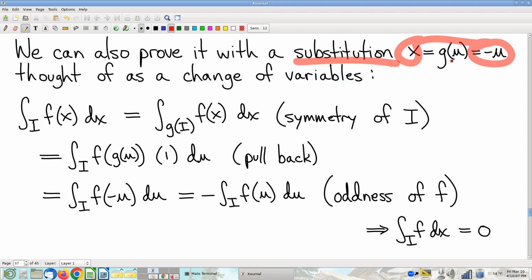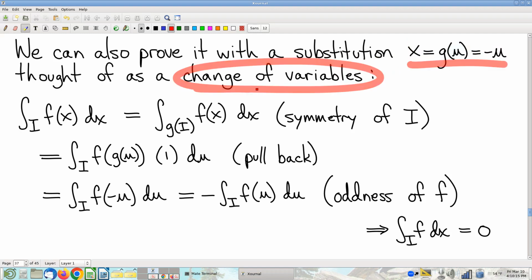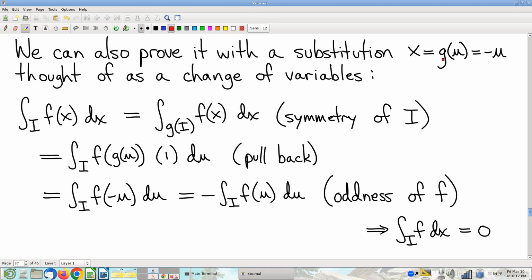That's basically a u-sub. But I want to think of this as a change of variables. So here's how we capitalize on this. I've got a symmetric interval, which means that it is its own reflection.